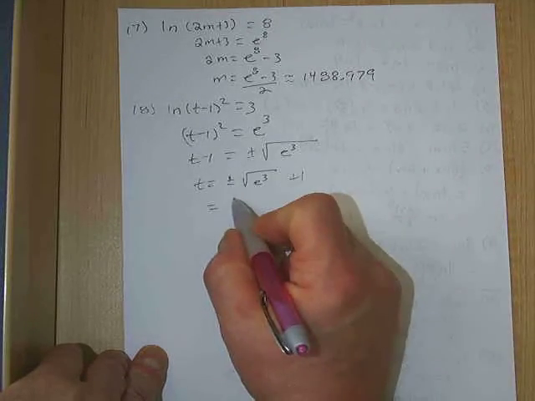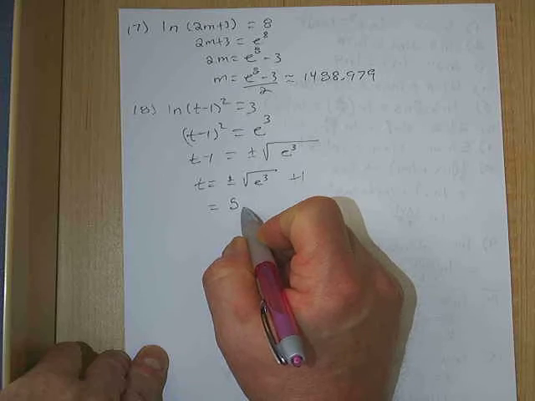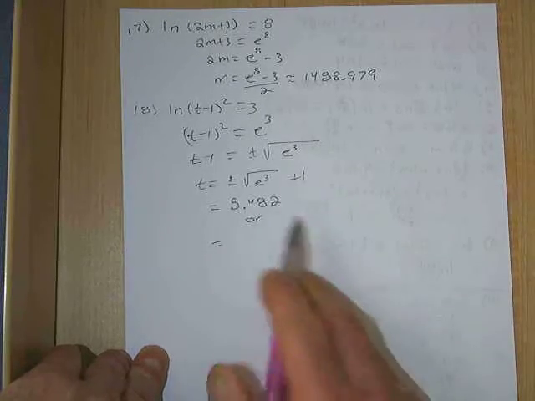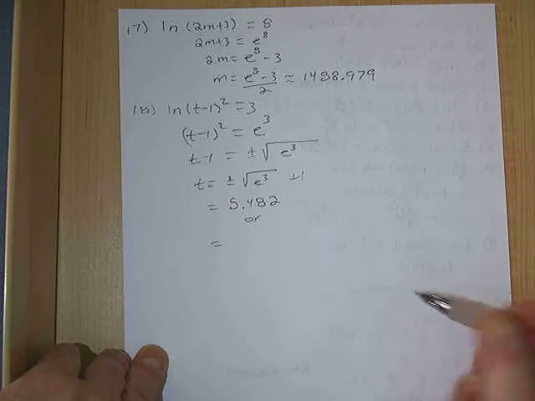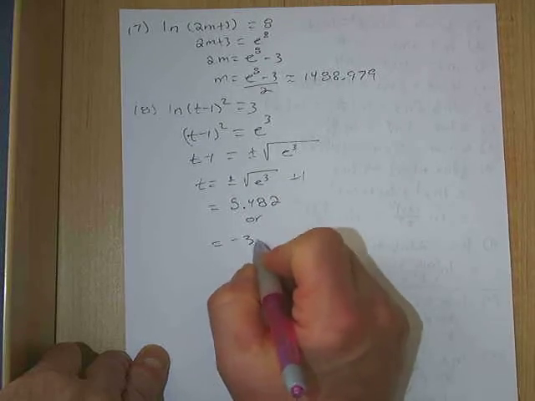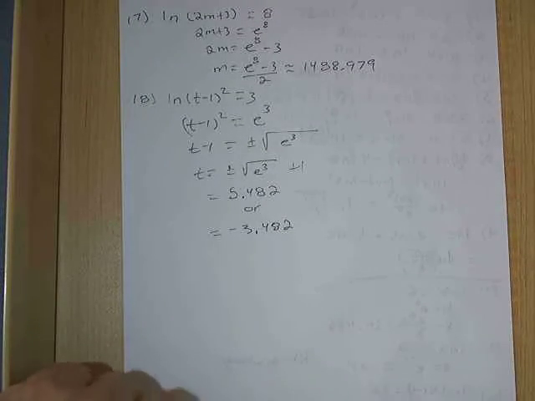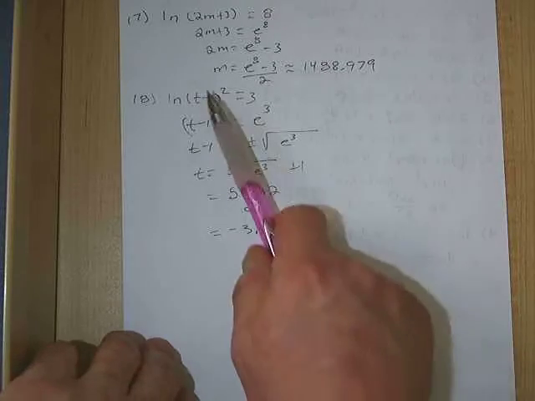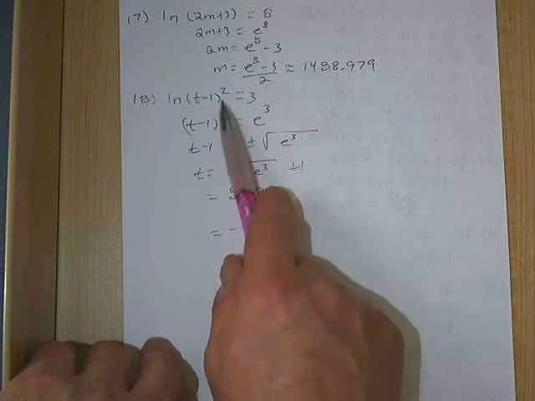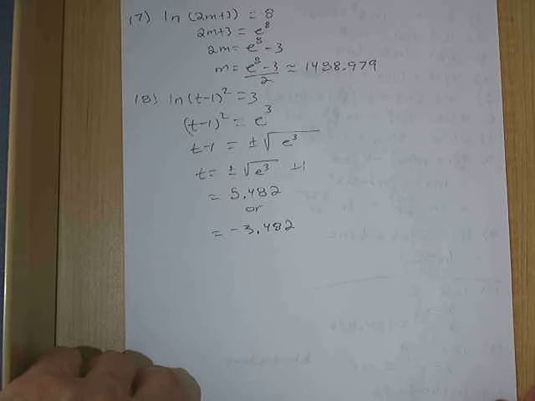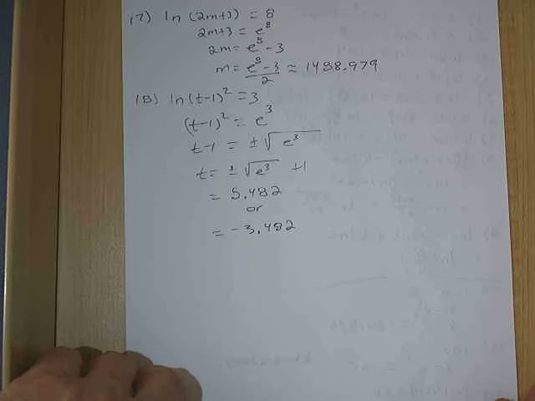And the two answers, the positive square root of e cubed plus 1 is going to be 5.482. And the negative square root of e cubed plus 1 is going to be negative 3.482. I know it's confusing as to when you're going to get 2 and when you're not going to get 2. You've got to look and see, is it squared? Can I handle the negative number here?